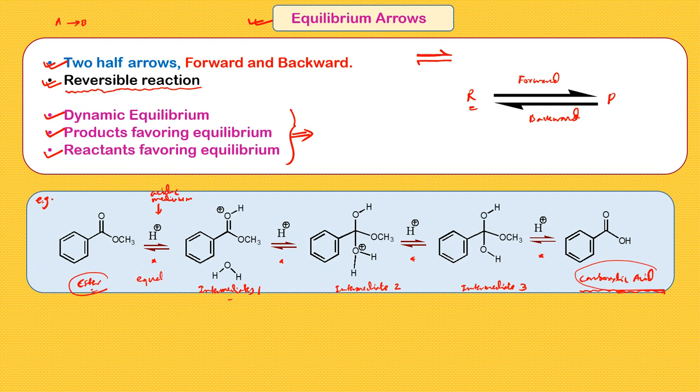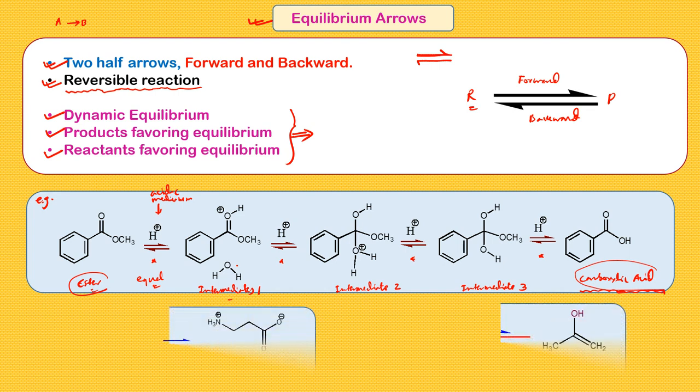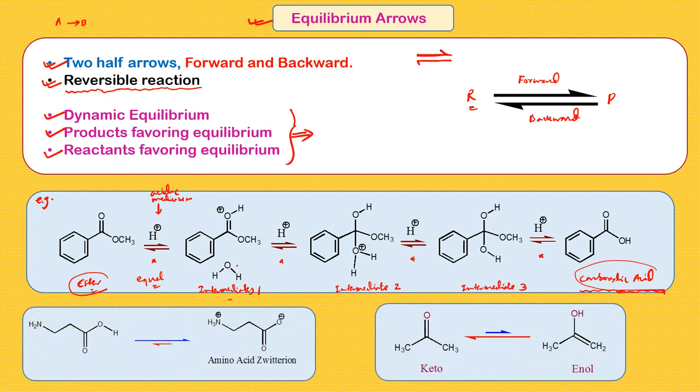It means all these possibilities of conversion of these intermediate structures are equally possible, so they can easily interconvert from one structure to another. But there are two other things, related to either product favoring or reactant favoring equilibrium.